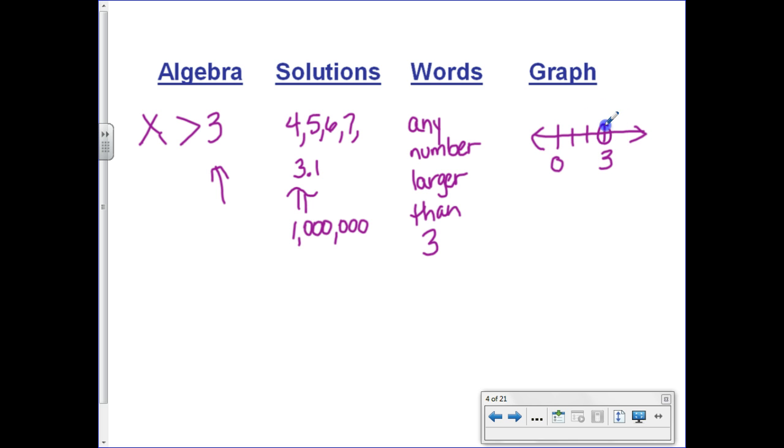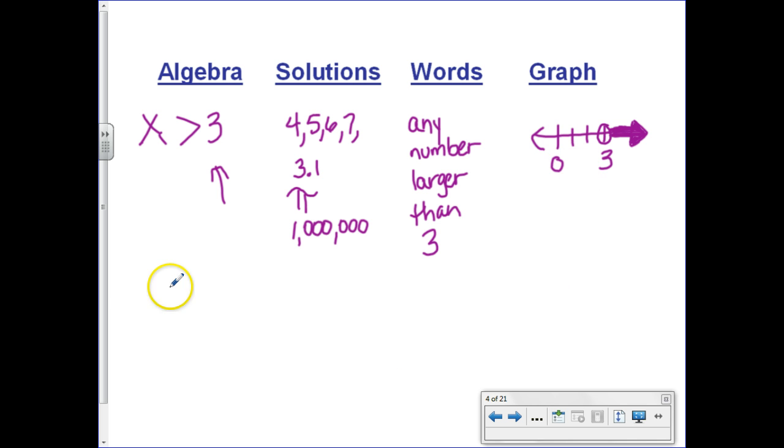So what I'm going to do is put an open circle at 3, and then, because there's no way I could ever show you all of the numbers bigger than 3, we color in the number line to the right, and I make my arrowhead large, and I color in the arrowhead to indicate that, you know what, I can't include 3, but I can include every single solitary number to the right of 3, larger than 3, and I color in the arrow to indicate that this goes on forever.